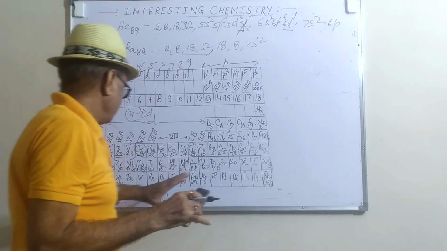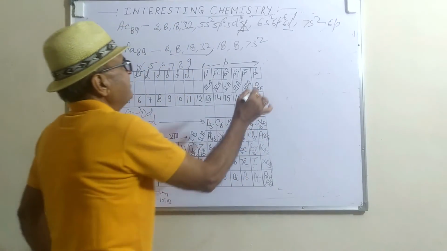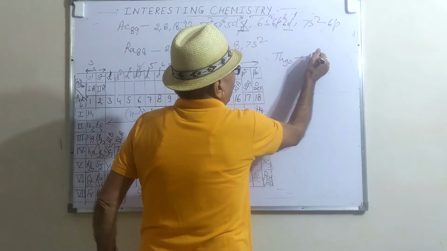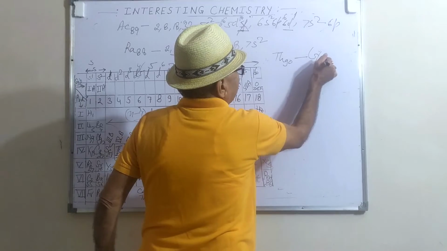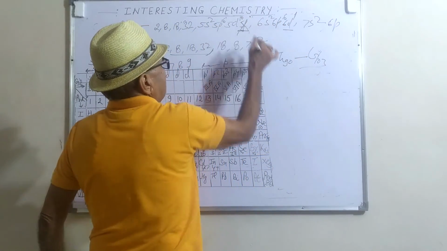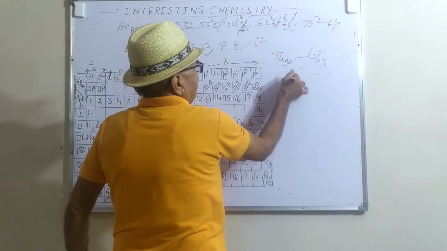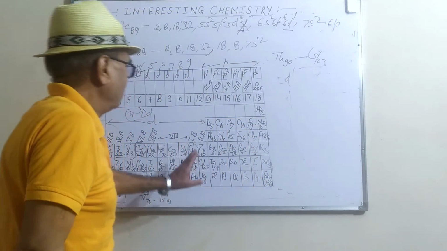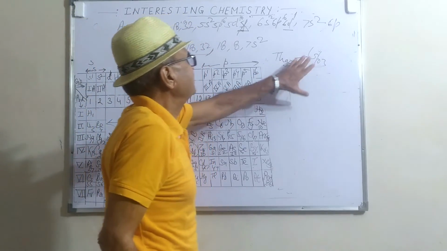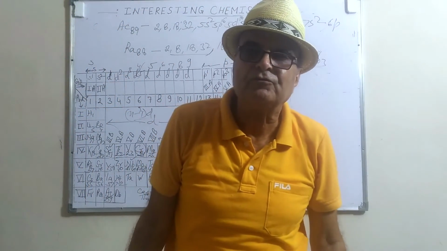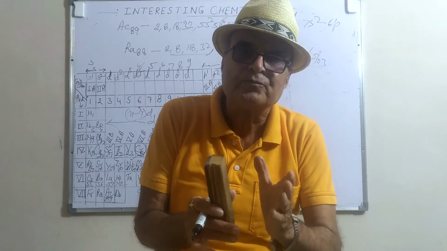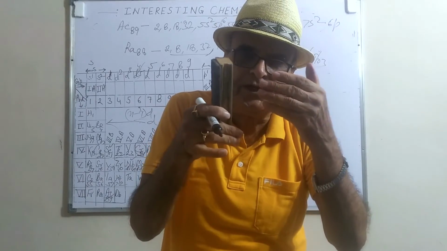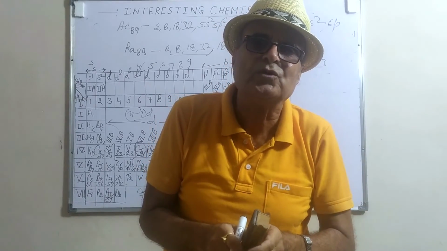So after actinium there is 90 thorium, Th, up to 103 lawrencium, Lr. So the 5f will start, and 14 electrons will be entered up to lawrencium. This is about the electronic configuration of actinides. After lanthanum 57, the 58th electron goes to cerium.